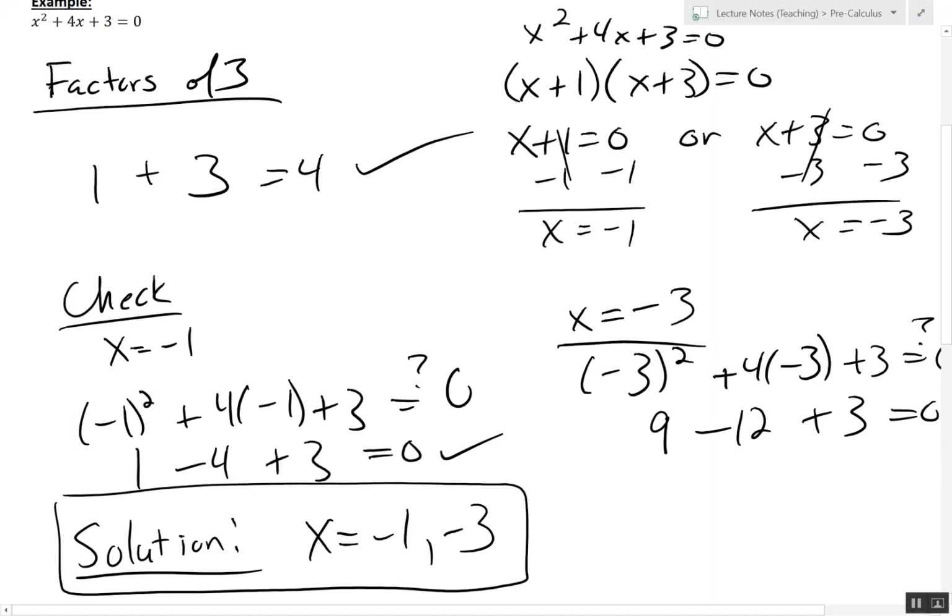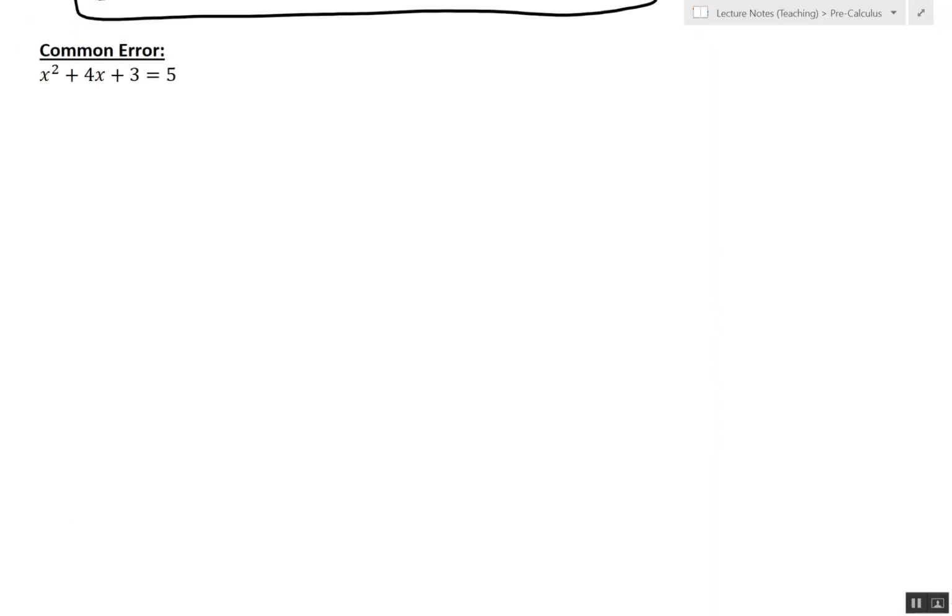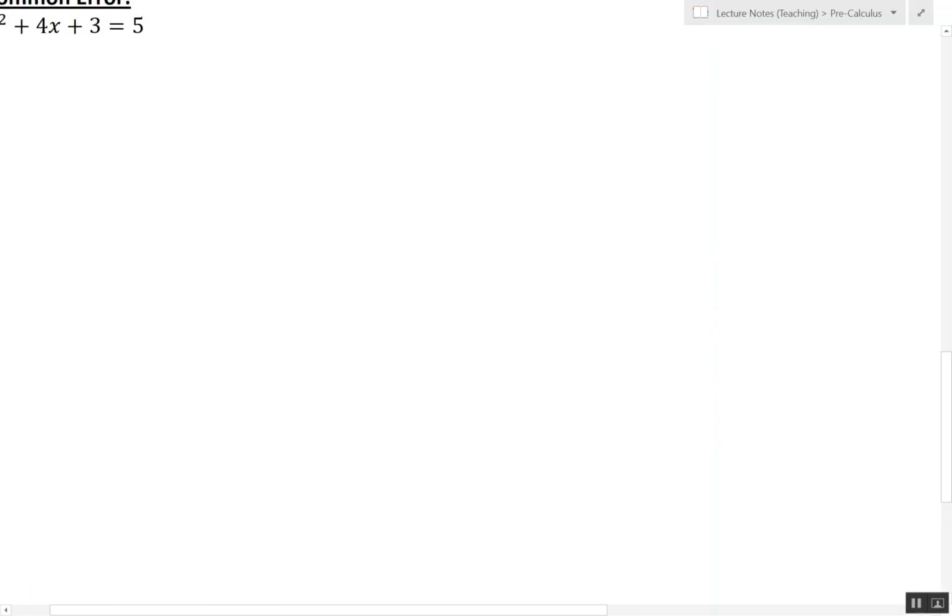So my next example, I'm going to show you something that students will often do that is completely wrong. Notice I had the same basic problem as before, but now it's not going to be equal to 0.